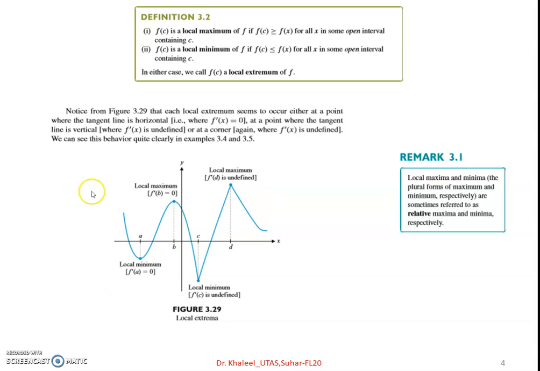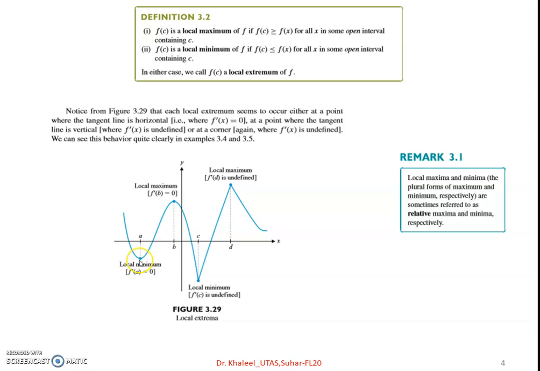So you see, this is the graph of that. But one interesting thing we can find here is that whenever you draw the graph and wherever a local maximum or local minimum is happening, two important things are happening. One, the local extremum seems to occur at a point where the tangent line is horizontal.